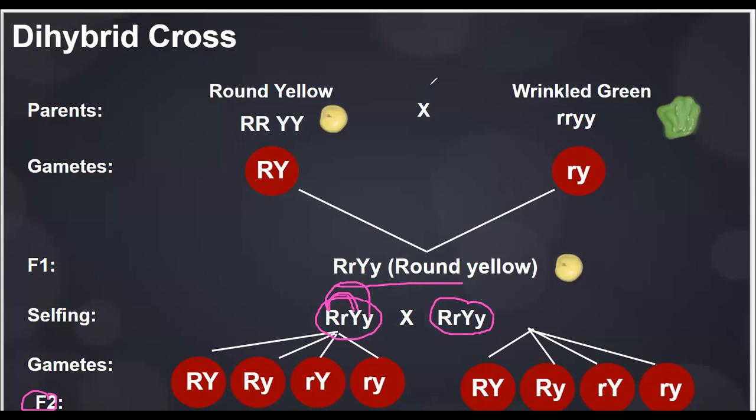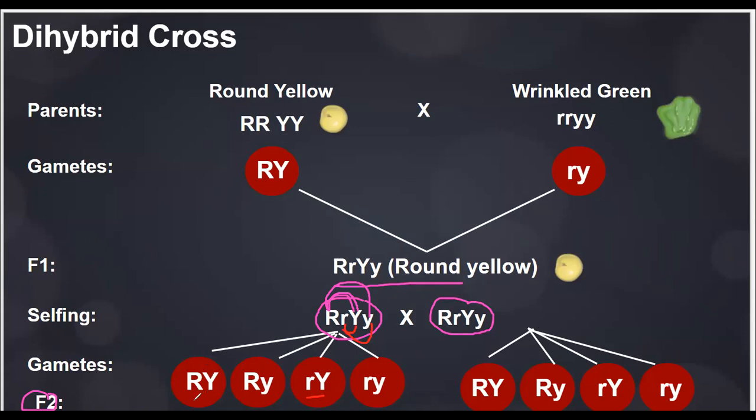Then, this capital R with small r, sorry, this you cannot do. Capital R is done with both the Y's. Now we will do the small r. Small r with capital Y, and then small r with small y.